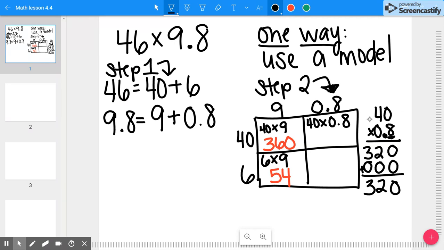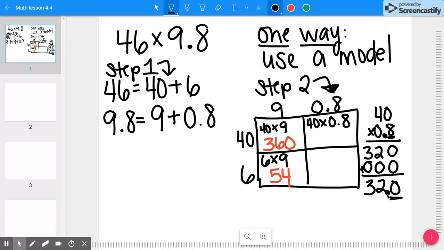And I'm going to look to my other factor, the 40, to see if there's any decimal points and numbers after it, and there's not. So in my answer down here in my product, I'm going to start by going to the number that's all the way on the right, and I'm going to start underlining it. And I only have one number underlined for my problem, so I only need one place value after my decimal point in my answer. So then I can put my decimal point right in front of it.